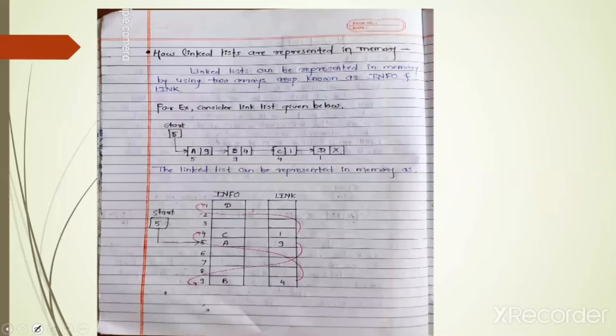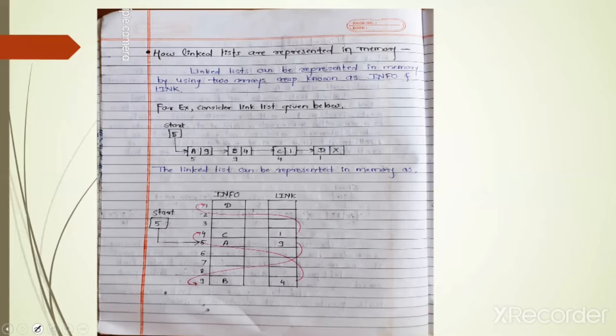Now, next topic is how linked lists are represented in memory. A linked list can be represented in memory by using two arrays, known as info and link. Means we can store a linked list in memory using two arrays. First array is info and second is link.